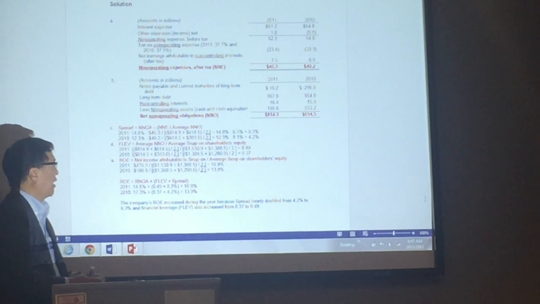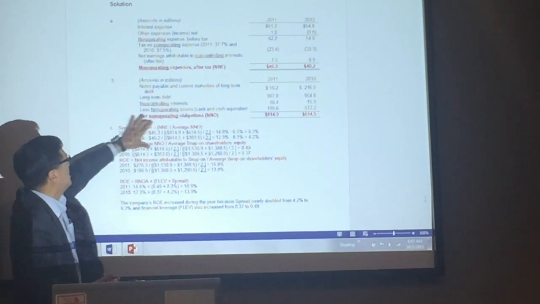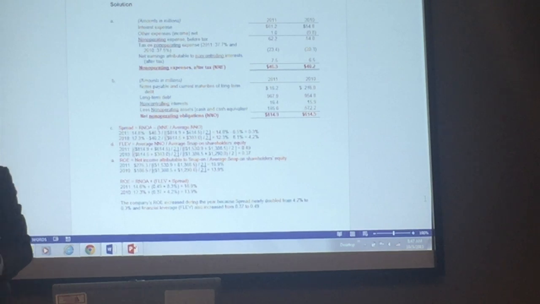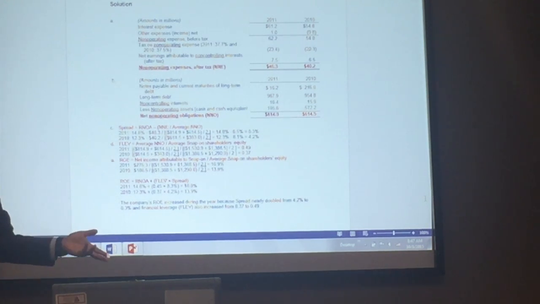Then why do we bother going through all this strange calculation? Well, we want to know how much is from operation, how much is from leverage. If you make most money from leverage, once you collapse, you really collapse. There's no way you can come back.